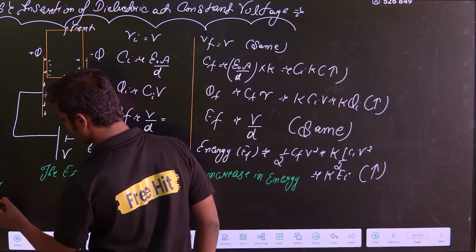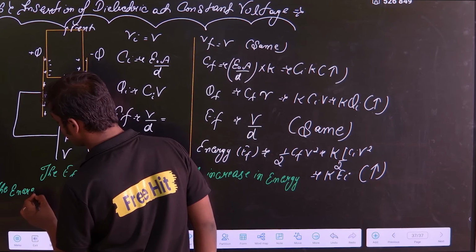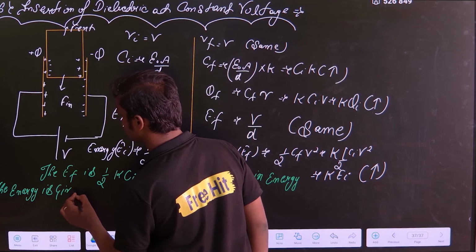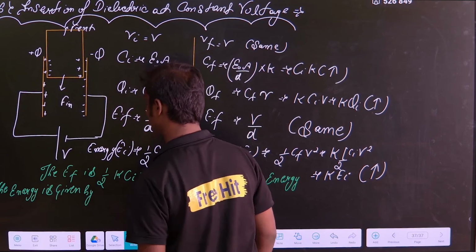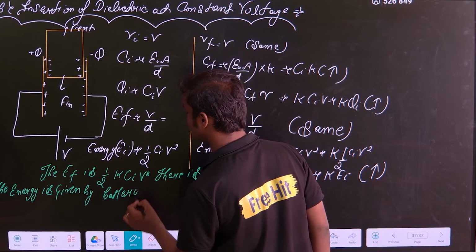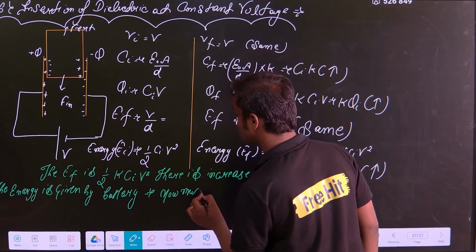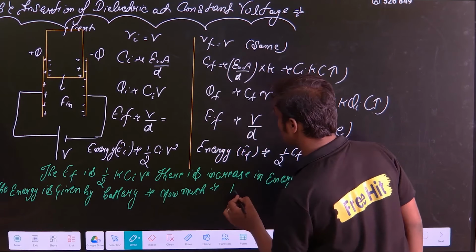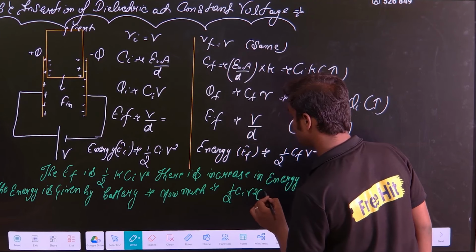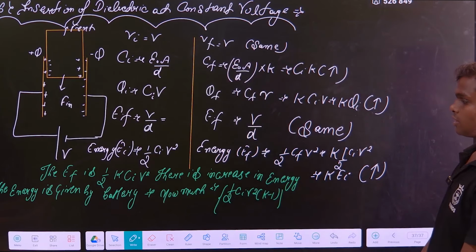The energy is given by the battery. Who has given this energy? This energy is given by the battery. How much? If you calculate, you will get half into Ci into V square into K minus 1. This is the extra amount of energy which is given by the battery.